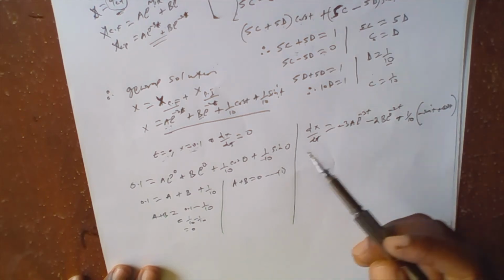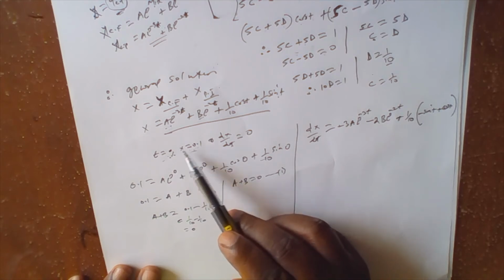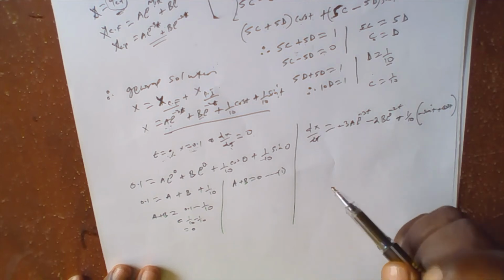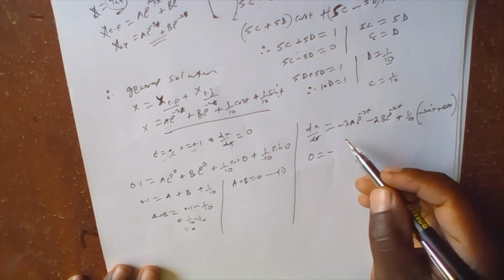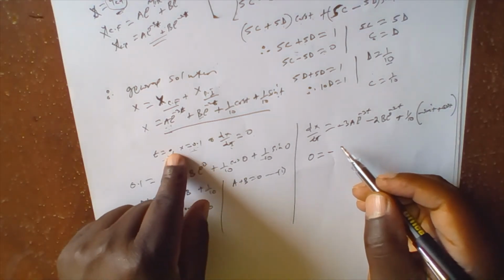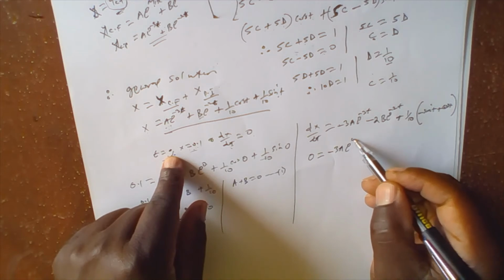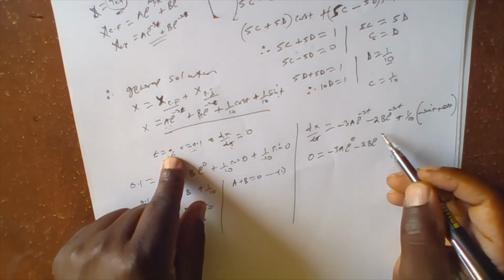But they are saying that when t equals 0, dx dt equals 0. Therefore, we shall replace this one with 0. So we shall say 0 equals minus 3a exponent 0 minus 2b exponent 0.